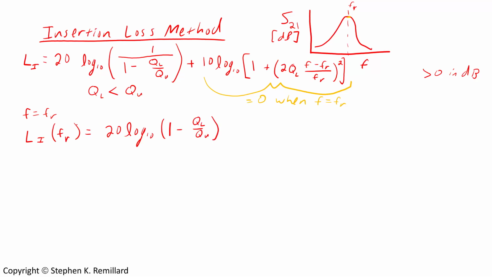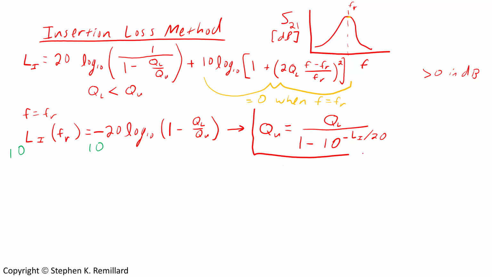That's okay to do if at the same time I put a minus sign outside. And then invert this expression for unloaded Q, so raise the number 10 to both sides of this equation. So if L sub I equals that, then 10 to the L sub I equals 10 to that. And we have this working equation.